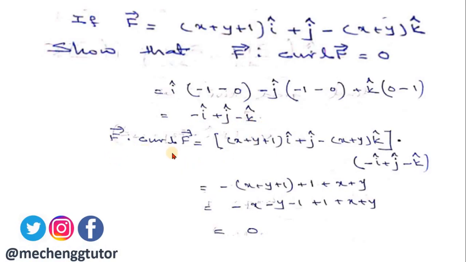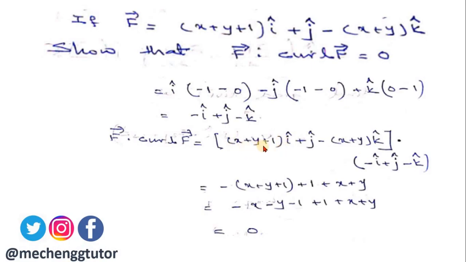Therefore f bar dot curl f bar we are asked to find. So consider that f bar is the given vector function (x plus y plus 1) into i plus j minus (x plus y) into k, dot curl f we have calculated, it is minus i plus j minus k. Friends, you all remember dot product. Only corresponding coefficients of i, j, k are to be multiplied.